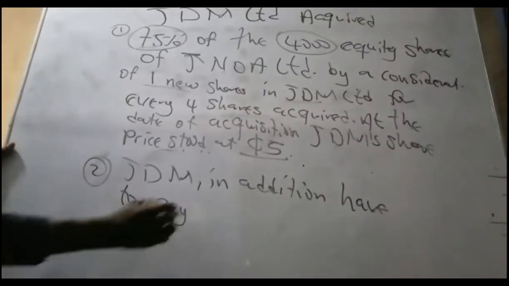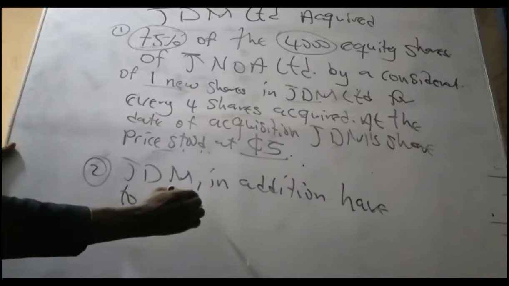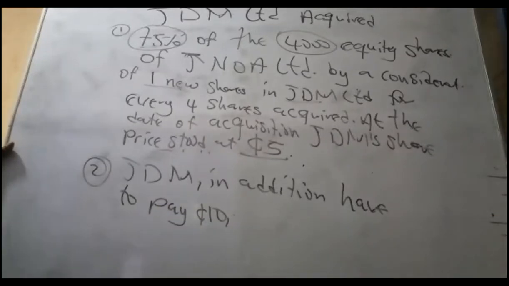JDM would have to pay 10,000 Ghana cedis, or 10,000 is too much.